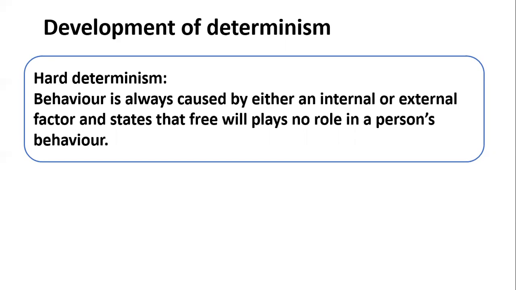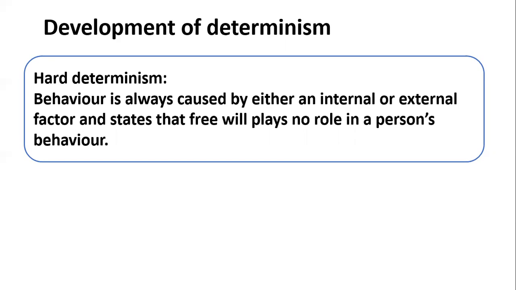Internal, to do with our biology, external, to do with the environment, and states that free will plays no role in a person's behavior. So really, hard determinism says it's either stimulus in the environment or it's an internal factor that's got to do with our biological or physiological makeup.